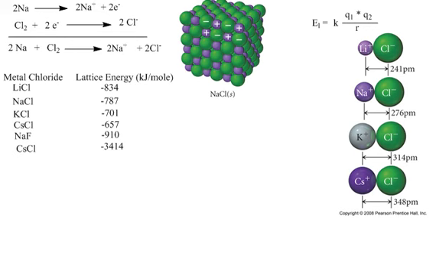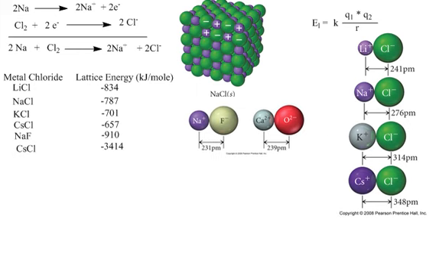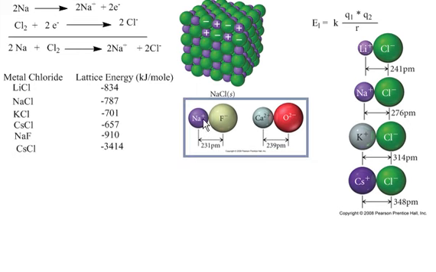If we look at the effect of charge, in this case we're going to compare sodium fluoride versus calcium oxide. You might expect from the radius, the R term, that sodium fluoride would be larger in terms of lattice energy because the two ions are closer together. But you'll notice that calcium oxide, even though it has a slightly larger radius, has a +2 and a -2 charge on each of the ions.